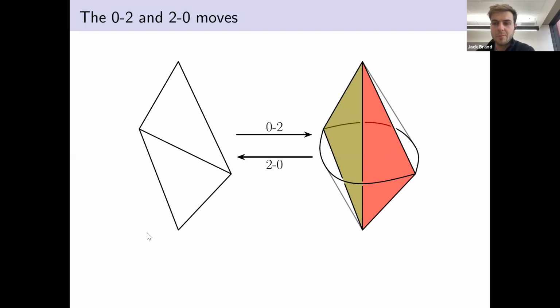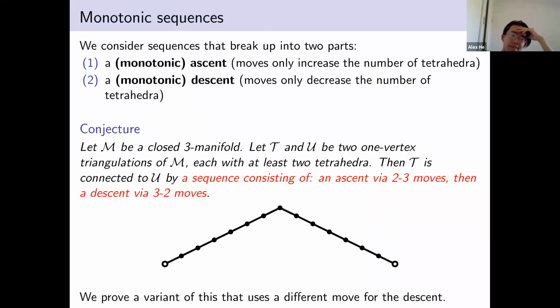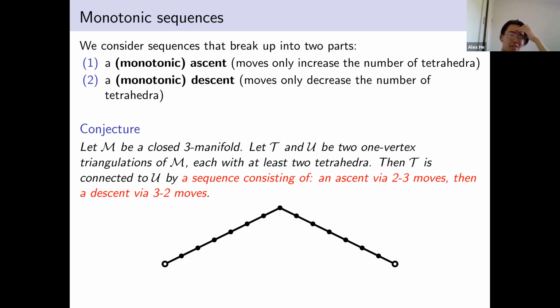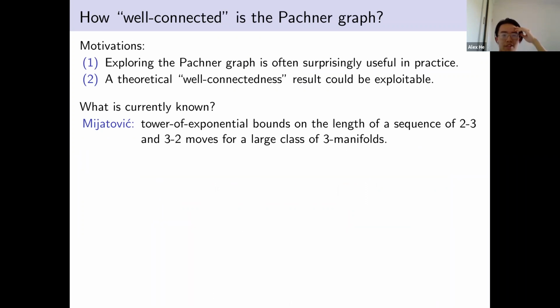Do you have any bounds on how high you need to go up before you should start looking down? That's a great question. You'll notice in the proof, I have to do a lot more moves. There's an obvious bound that we can get, which is to use Mijatović's bound and then understand how much my sequences blow up.